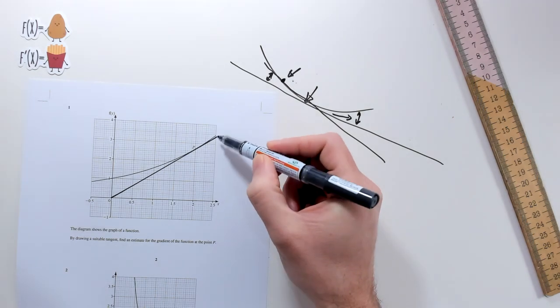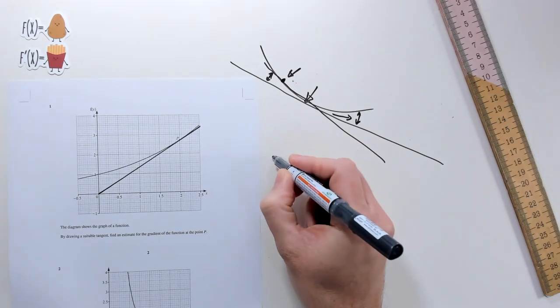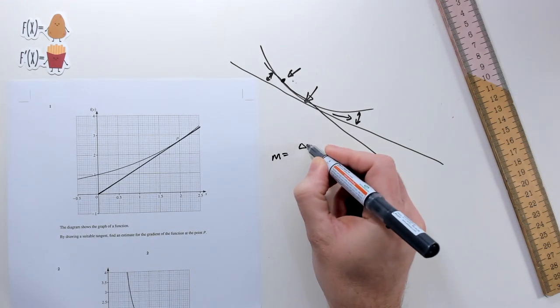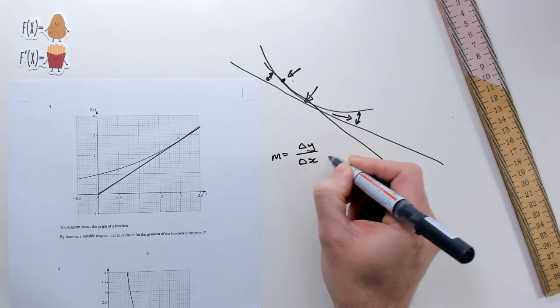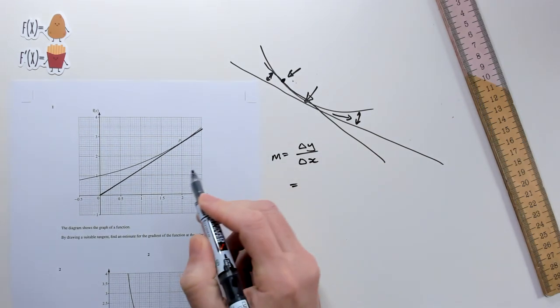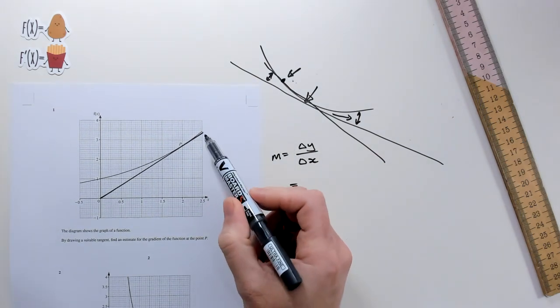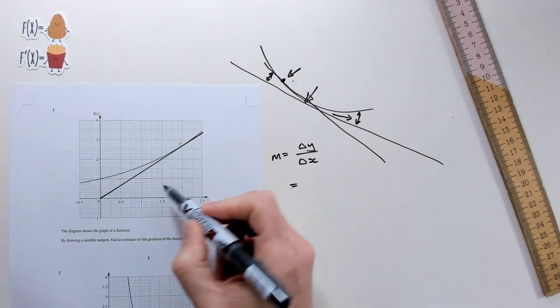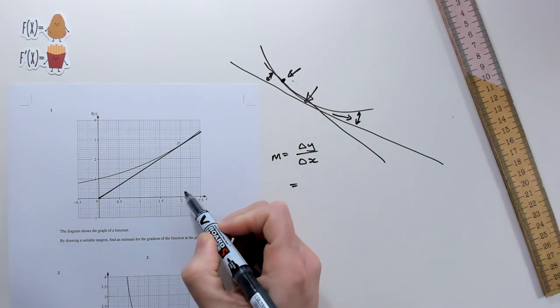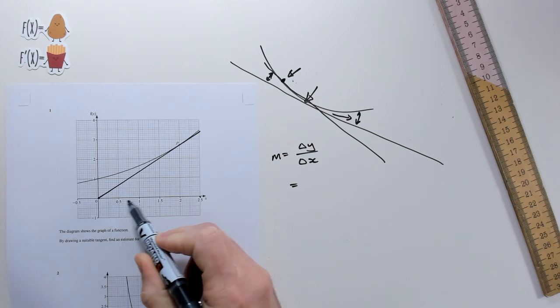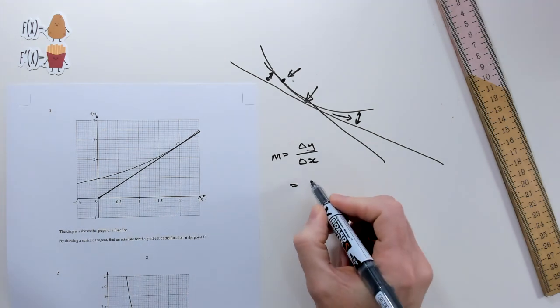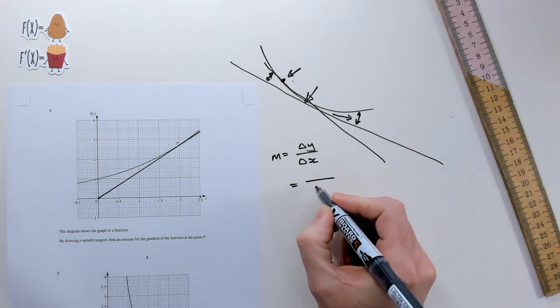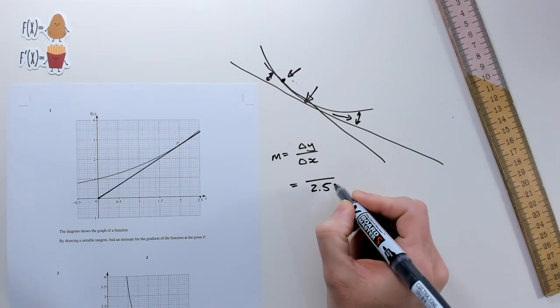In this case, the gradient would be the change in y over the change in x. Very important, this is done graphically, and that's going to be an estimate. So if I'm going from this point to that point, I'm going in a positive direction. So the change in x is positive, and that's going to be 2.5.